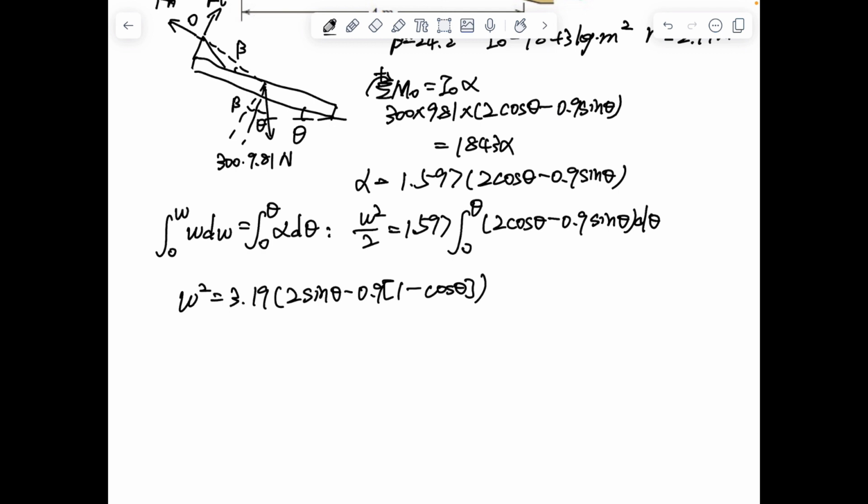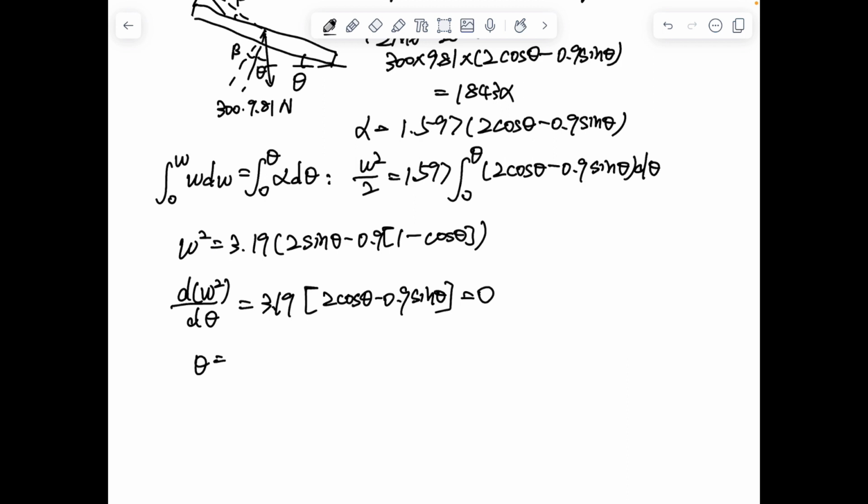If we take a derivative with respect to theta, then we have d omega squared d theta is equal to 3.19 times 2 cosine theta minus 0.9 sine theta, which is equal to 0. So theta is equal to inverse tangent of 2 over 0.9, which is equal to 65.8 degrees, because we need to maximize the omega.